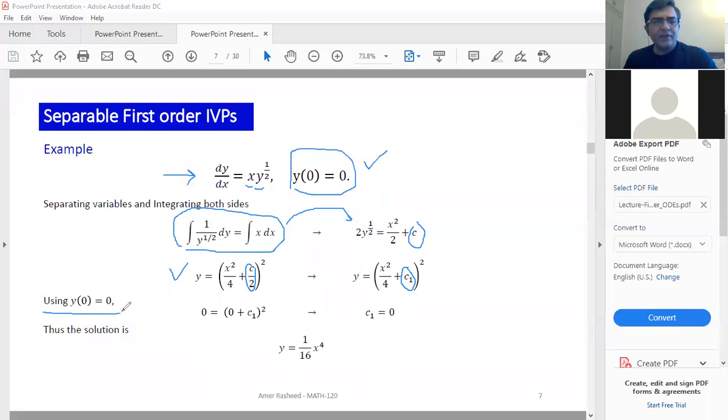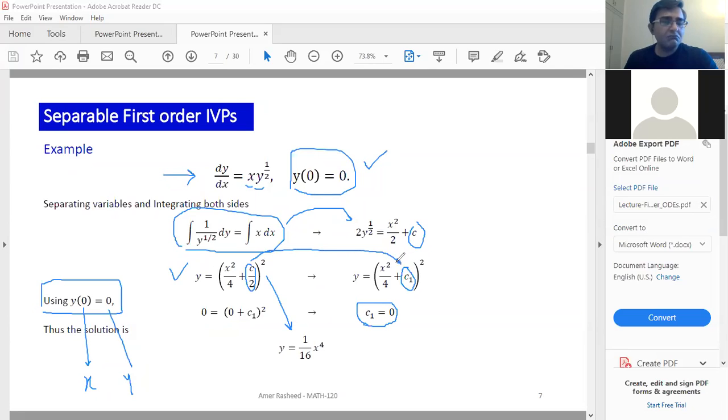Now, using this initial condition, we insert the value of x equal to 0 and y equal to 0. By inserting y 0 and x 0 here, you can see that c is 0. If c is 0, then our solution is this thing. It doesn't change anything if we do not reduce this c by 2 into c1.